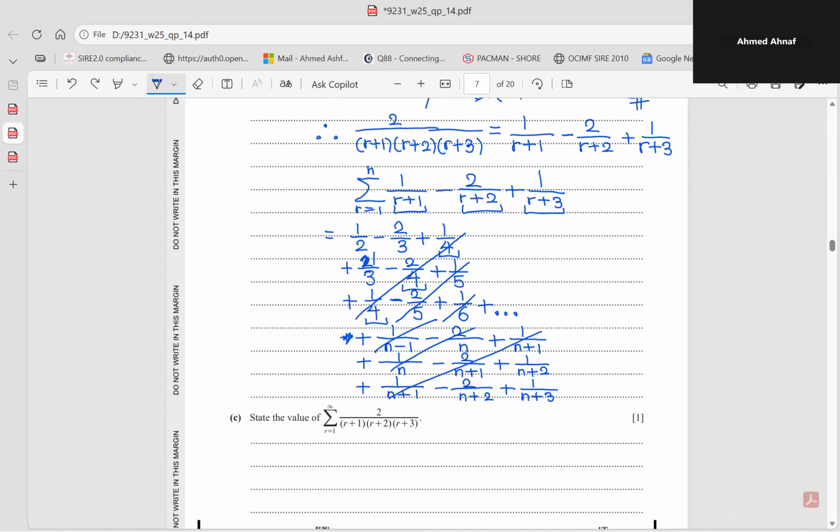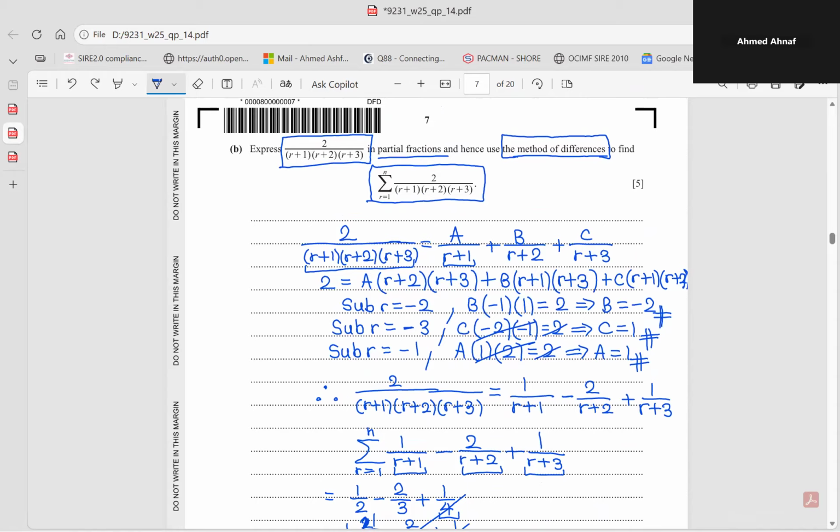You can see everything cancels out except 1 over 2 minus 2 over 3 plus 1 over 3, plus this, plus 1 over n plus 2 minus 2 over n plus 1 plus 1 over n plus 3. Okay, oh my goodness.